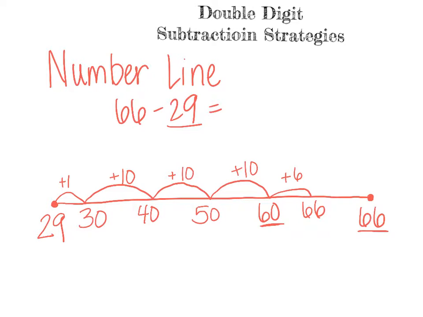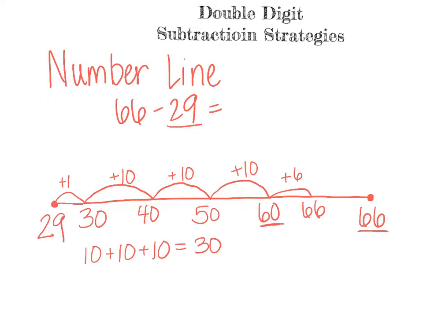Now I need to count my jumps at the top. So I need to count all of my jumps together. I'm going to start first with my tens. So I have 10 plus 10 plus 10. I know that 10 plus 10 is 20, plus another 10 equals 30.